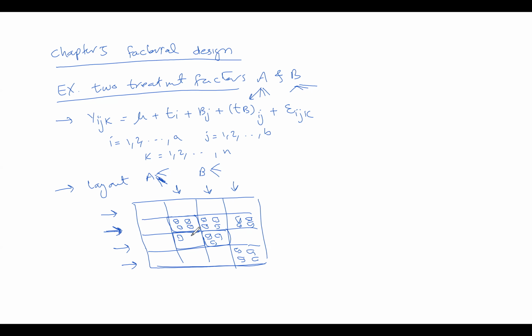So 4 is little n. So in this case, it will be Yijk equal mu plus tau i plus beta j plus tau beta ij plus epsilon ijk, and i equal 1, 2, 3, j is 1, 2, 3, k is 1, 2, 3, 4. This is the layout of the design.